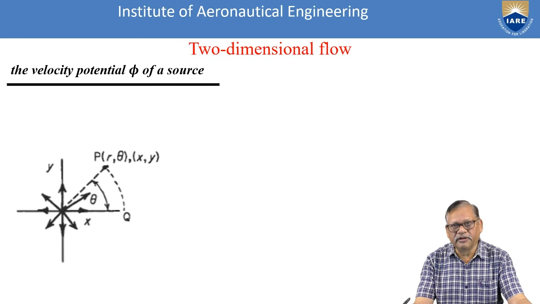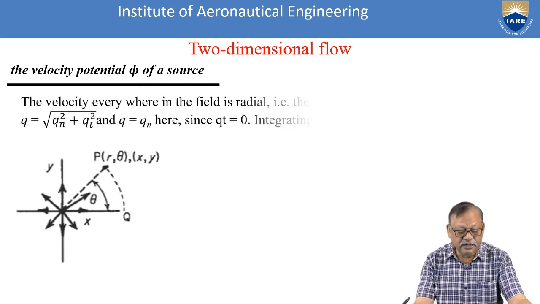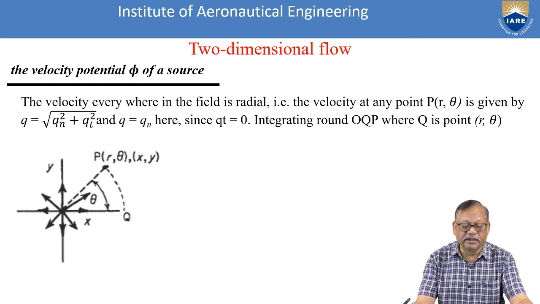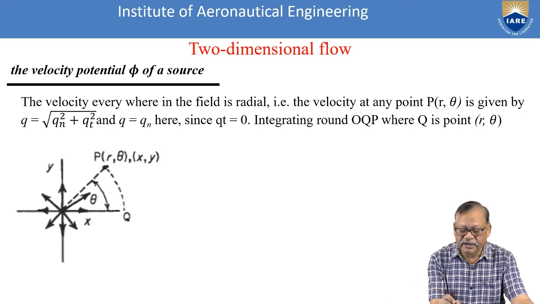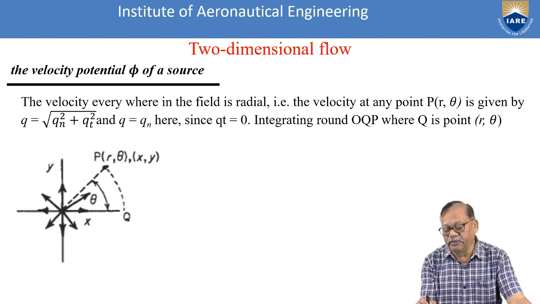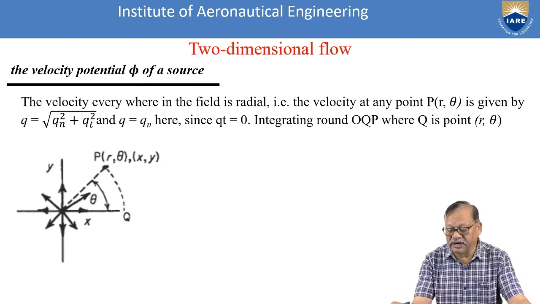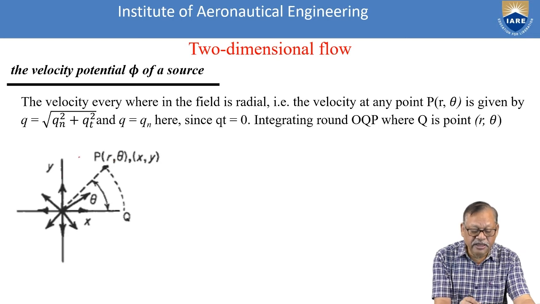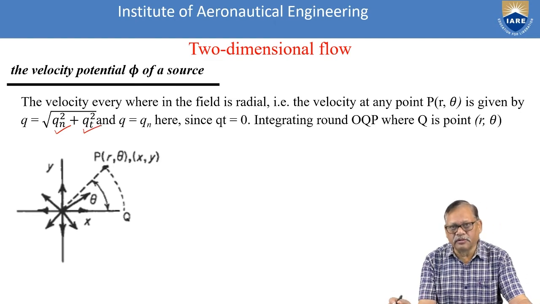If we take the velocity potential phi of a source, considering the same diagram, we know the velocity everywhere in the field is radial, right? That is, the velocity at any point P is equal to r, theta. Now we are starting again from the polar coordinates, and it is given by q, which is the normal velocity component plus the tangential component.